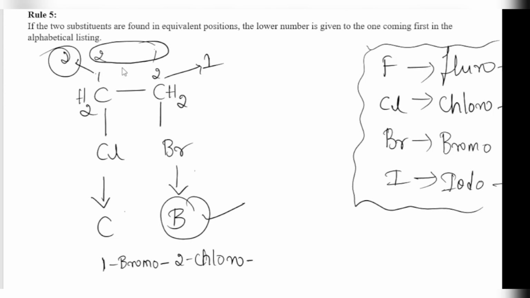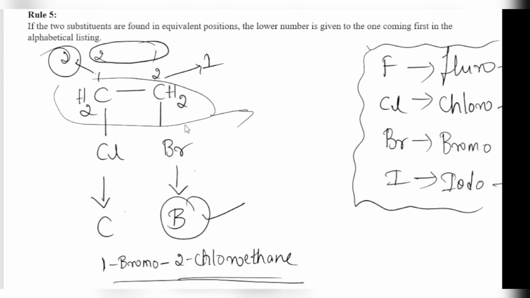What is the root word, the IUPAC name for the parent chain? This is the parent chain over here, which contains only 2 carbons, that is ethane. Here we should not separate with a hyphen, we just write chloroethane. 1-bromo-2-chloroethane is the IUPAC nomenclature for this particular compound.